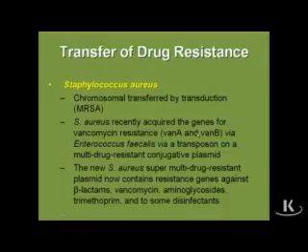Now the super multi-drug resistant, hence our little superbug here, has resistance not only to methicillin, but to beta-lactams, vancomycin, aminoglycosides, trimethoprim, and even some disinfectants. So it really has become a superbug, one you definitely don't want to come in contact with.